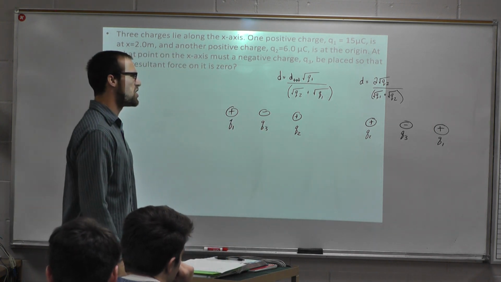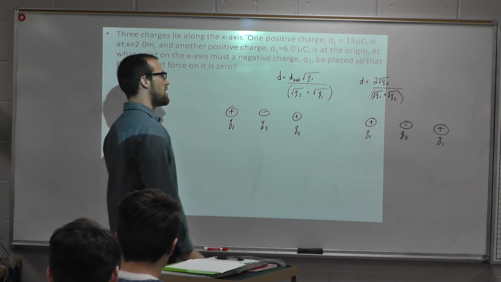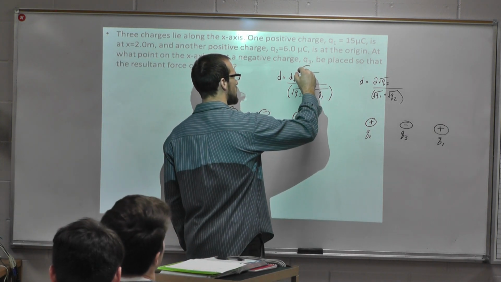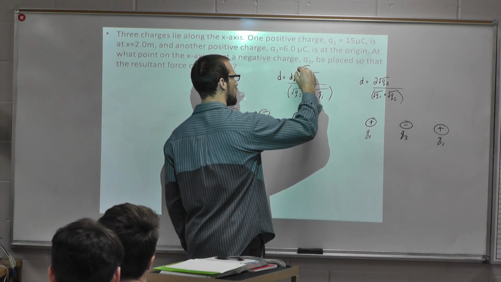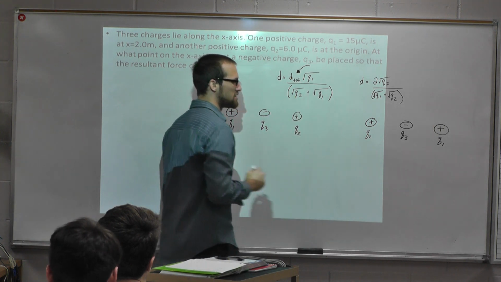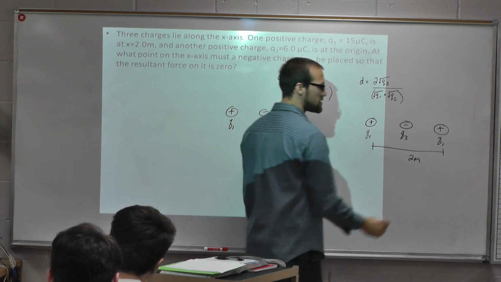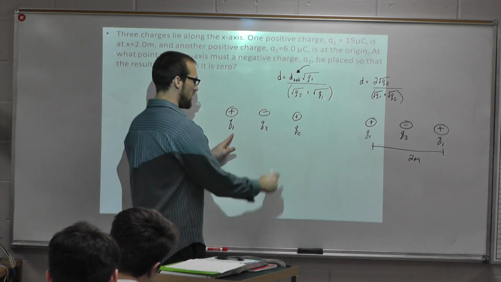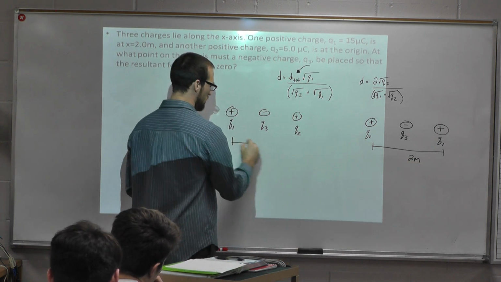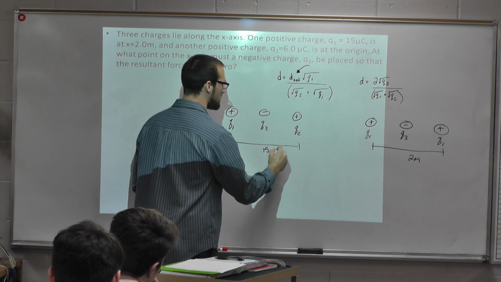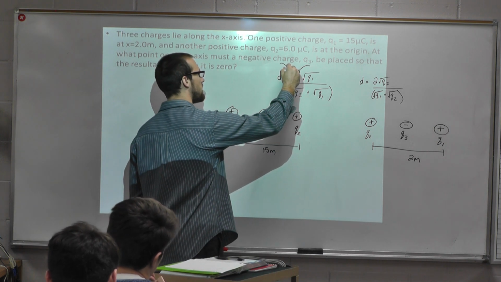Now, I want to show you that this number is your total distance. You remember how we said from here to here was 2 meters. So, if from here to here is 15 meters, that's what goes there.